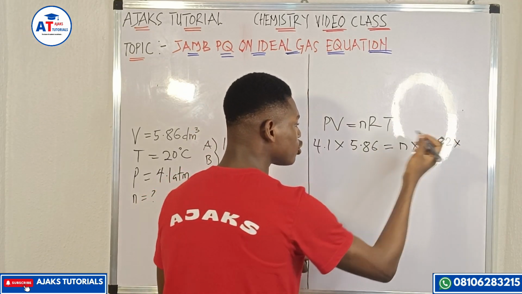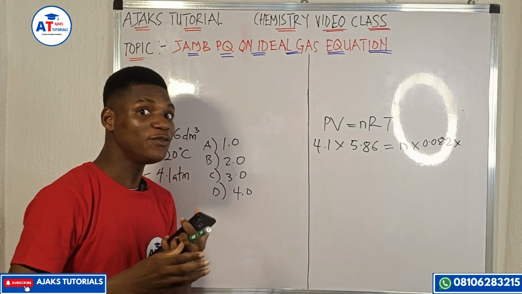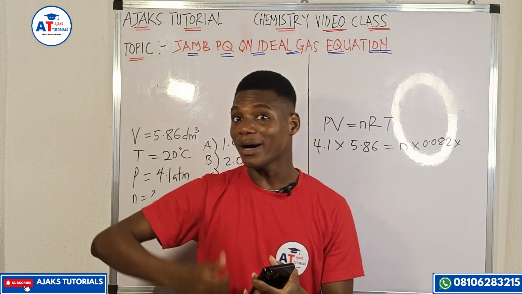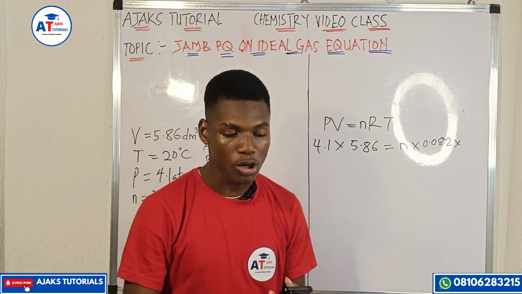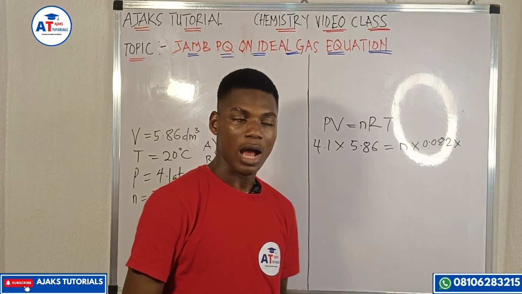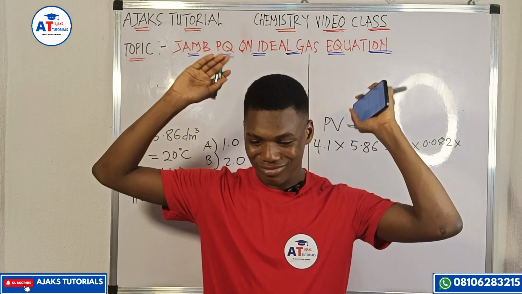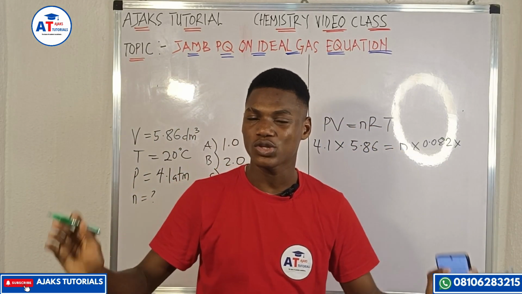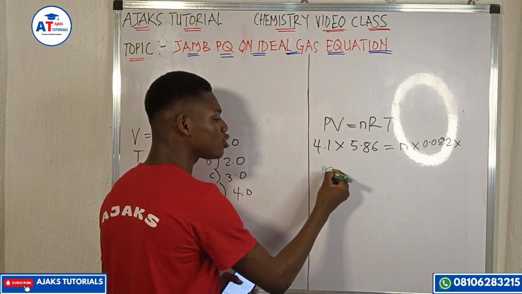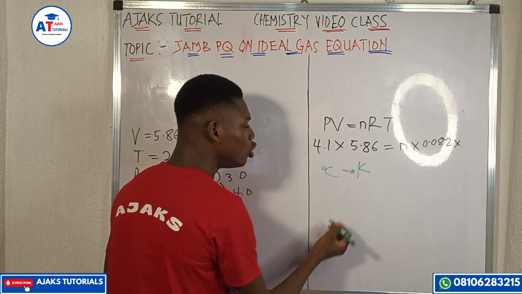Now pay attention to this. What will temperature be? If the answer to temperature is 20, then you should go back and rewatch this video, because I told you that when you are dealing with the ideal gas equation, in fact, when you are dealing with gas equations generally, Boyle's law, Charles' law, your temperature should be in Kelvin. To convert degrees Celsius to Kelvin, you add 273.